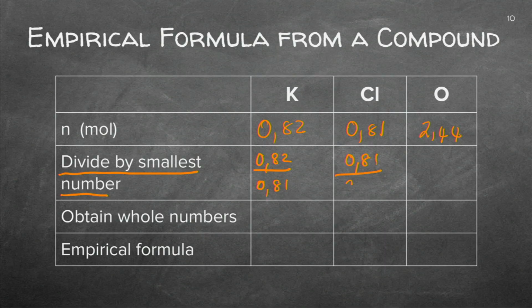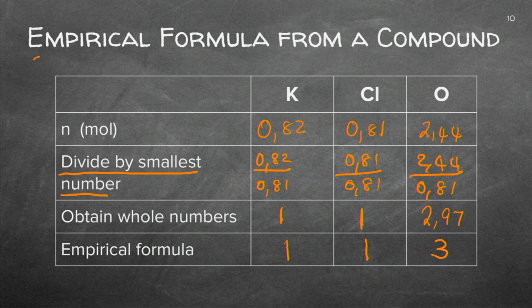And that will give me then a value of 1. And that's what I'm trying to get, whole numbers. Now, if you divide that, this one is 0.82 over 0.81, which is almost 1. This is 1, and this one has a value of 2.97. And if I round these, I've got 1 potassium with 1 chlorine with 3 oxygens.